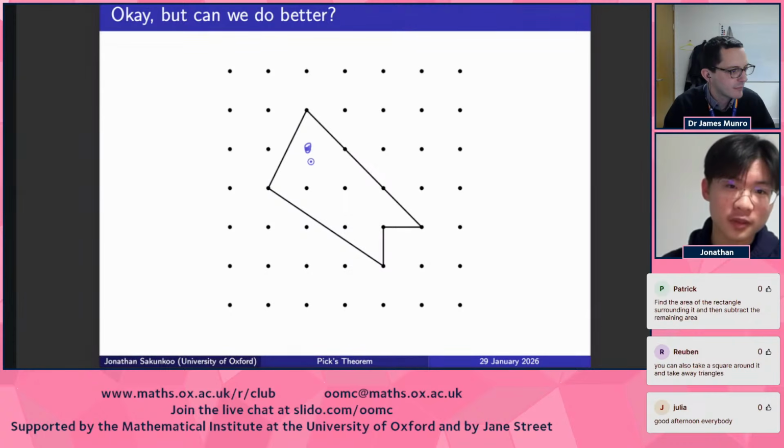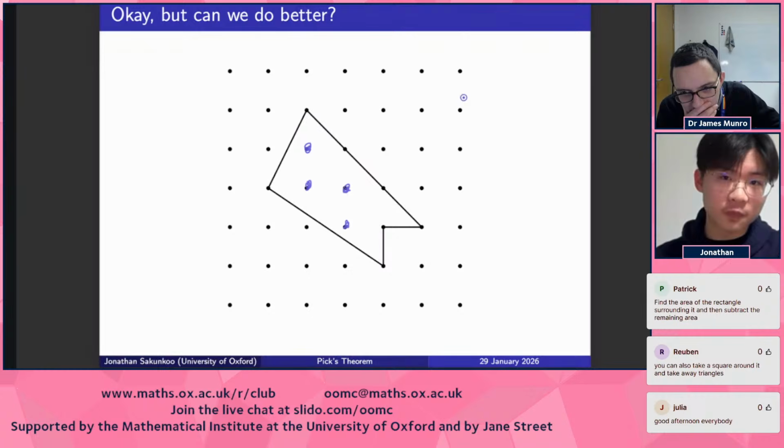So I'm going to highlight all the inside points in blue. And so we can just note how many blue ones there are. There are 4 of them. And so we'll call these I, for interior points. And then we can say, well, how many boundary points are there? There are 1, 2, 3, 4, 5, 6, and 7.